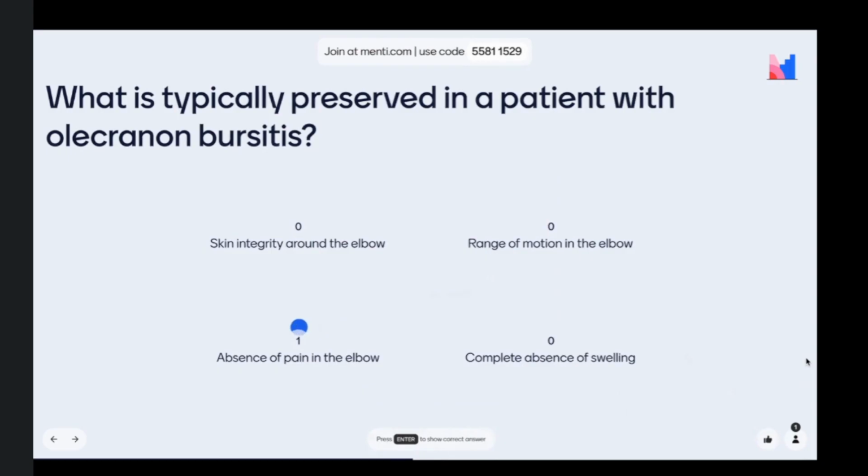So what will you not find symptomatic in your patient? What will be preserved? I know the question is a little bit tricky, but just try to understand it and then you will know what to choose.